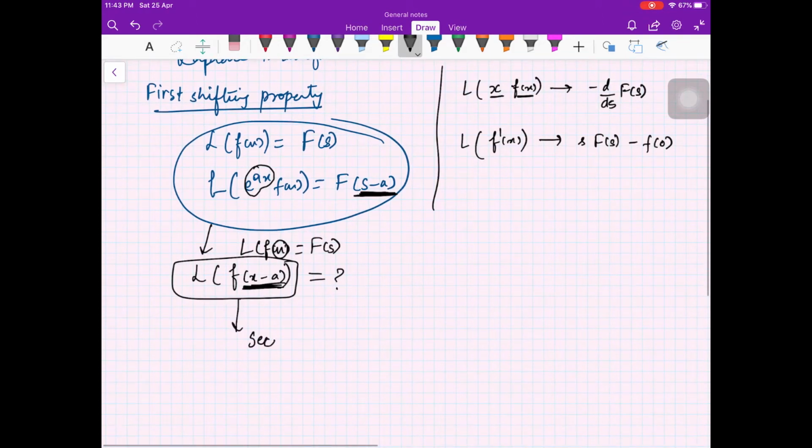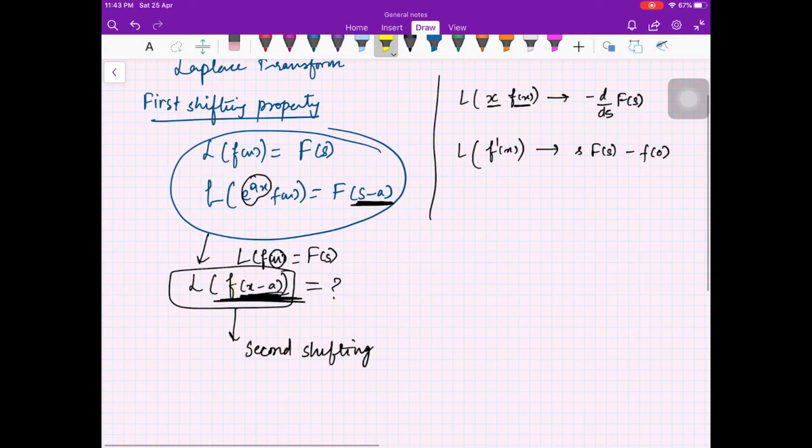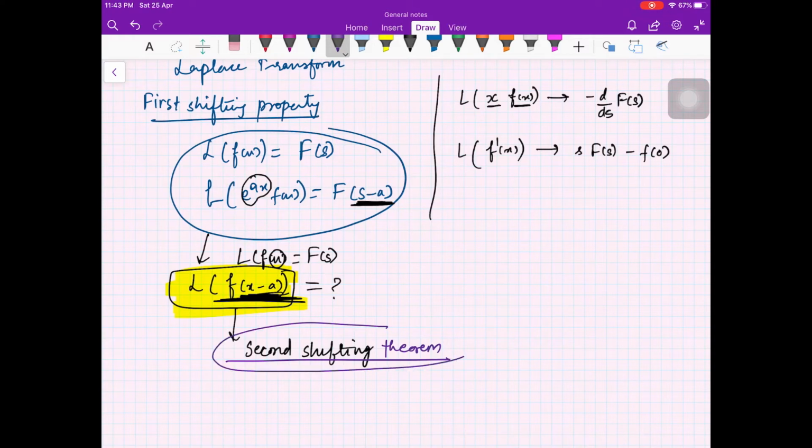Okay, the answer to this question lies in second shifting theorem, and we'll see that not exactly this term will appear, but something like this will appear, and that will answer our things. So that is the idea of why we are going towards second shifting theorem.